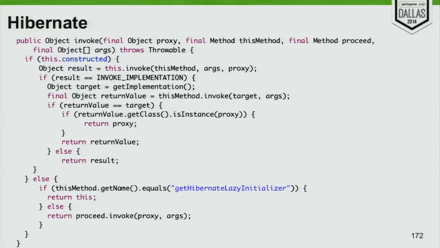The handler is what gets called when you call a method on the proxy. So it calls this invoke, and if you want to reach the data behind it, you get access to that, and you can call proceed.invoke. So it's pretty easy to use Javassist to set up a proxy, and this is one of the common applications that you'll see out there for Javassist.